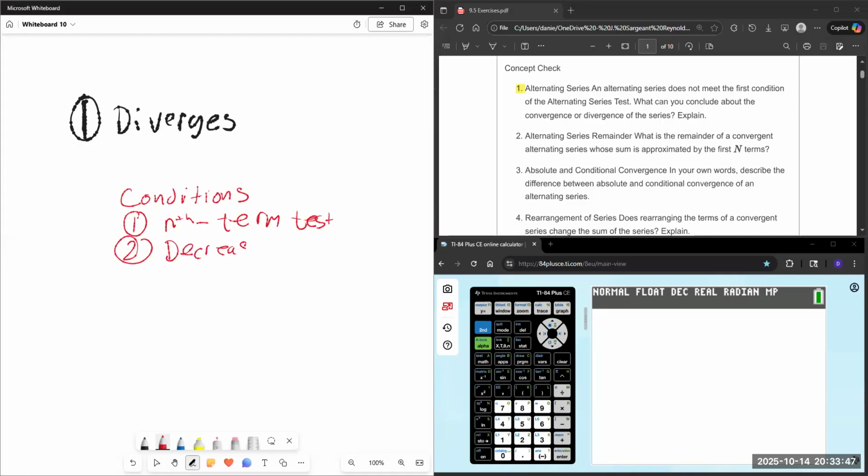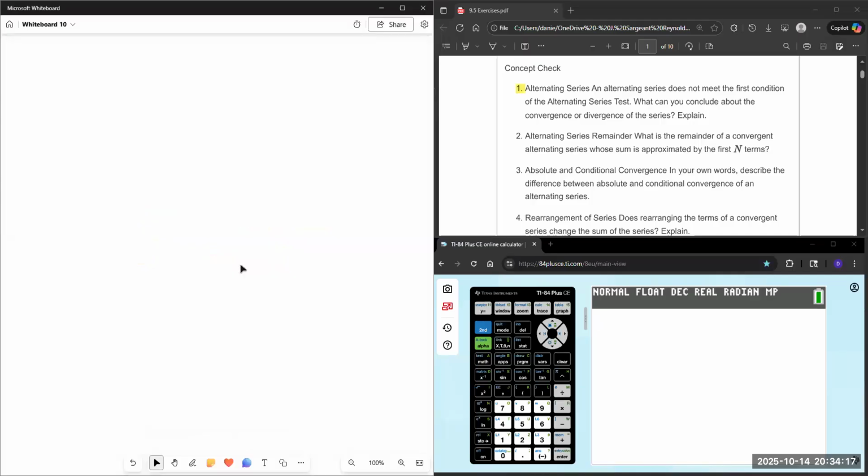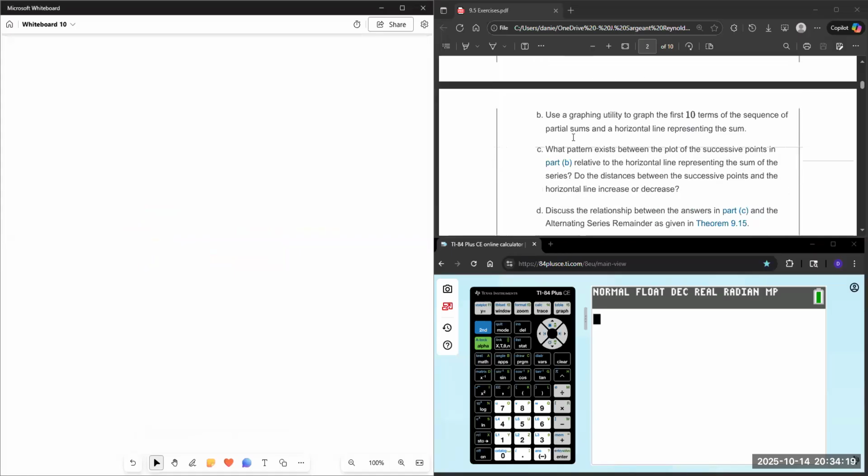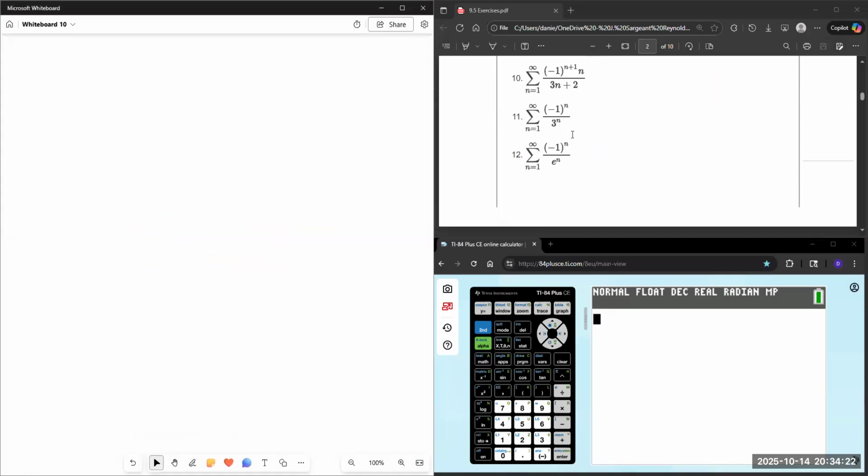That's it. So if we take the absolute value to ignore the sign changer, it needs to go to 0 and it needs to be always decreasing, then it's going to converge. If it is alternating and it doesn't pass the nth term test, or it is non-decreasing, then it's going to diverge. So that's it.